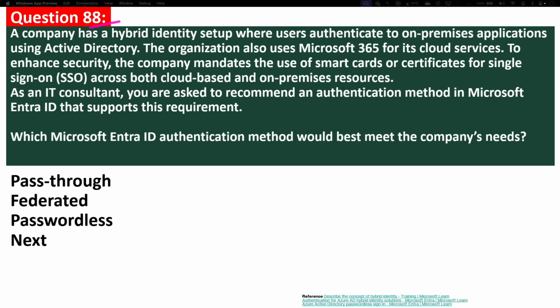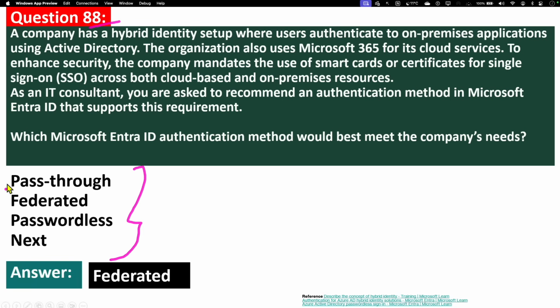As an IT consultant, you are asked to recommend an authentication method in Microsoft Entra ID that supports this requirement. Which Microsoft Entra ID authentication method would best meet the company's needs? Let's look at the options available.